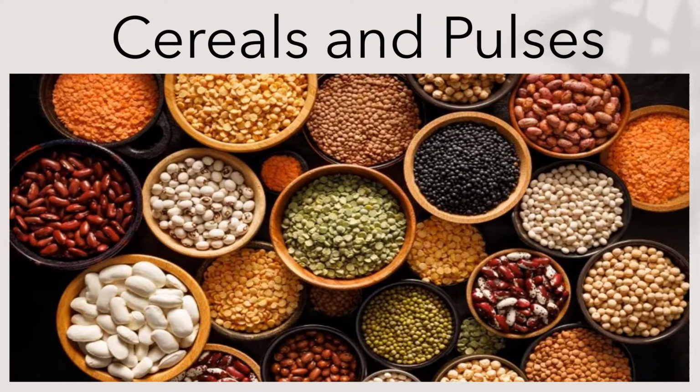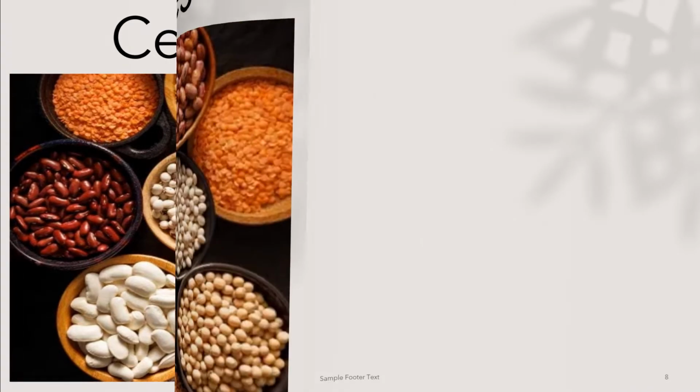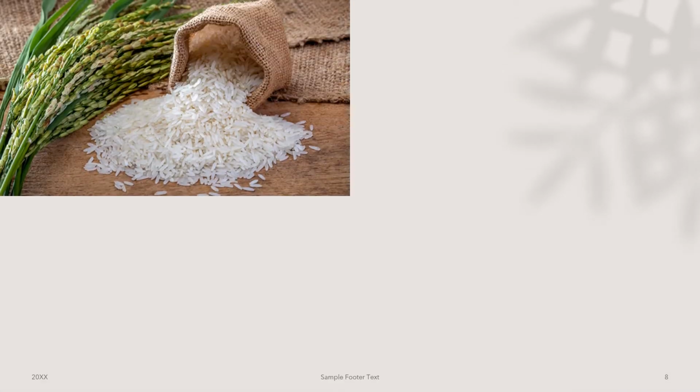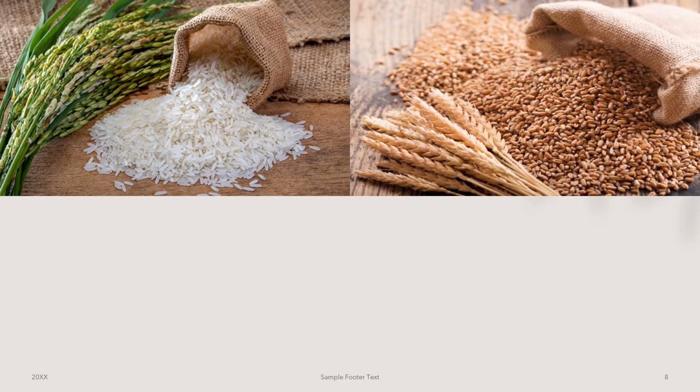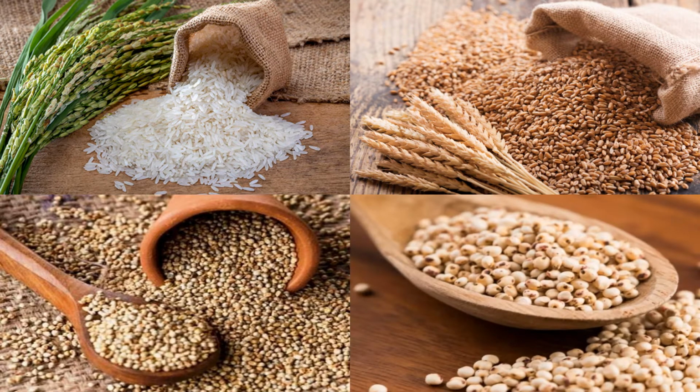First one is cereals and pulses. Cereals and pulses are also called food grains. Let us see some of them. Some of the cereals are rice, wheat, bajra, and jawar.